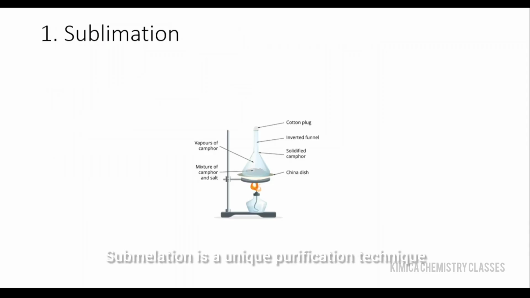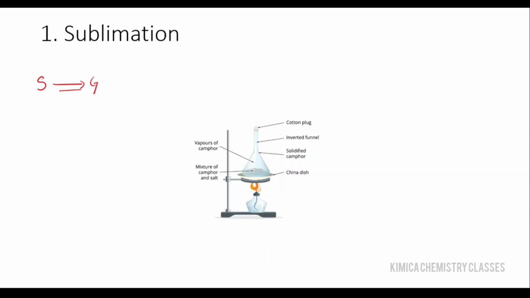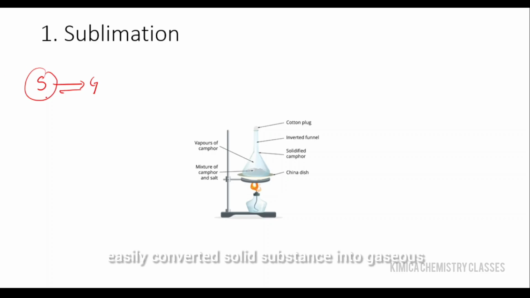Sublimation is a unique purification technique based on the principle that certain solid substances can transition directly from solid state to gaseous state and vice versa, without passing through the liquid phase.